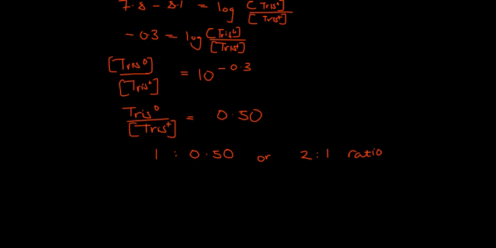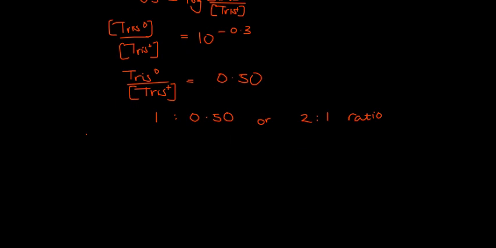Then we can calculate the concentration of the Tris base and the Tris acid at the start. So the initial concentration of this will be, we know that the concentration of the Tris base plus the concentration of the Tris acid will give 0.2 molar.